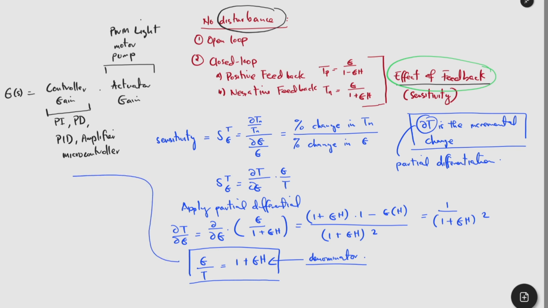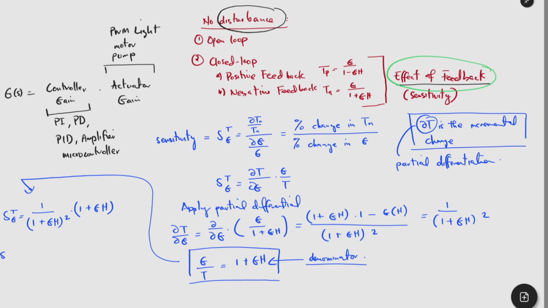And finally, after further substitution, we have the sensitivity equivalent to 1 over (1 plus GH) squared multiplied by (1 plus GH).